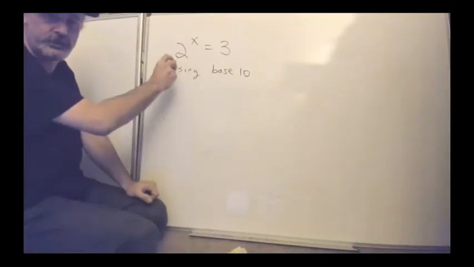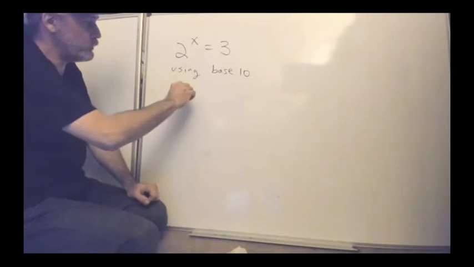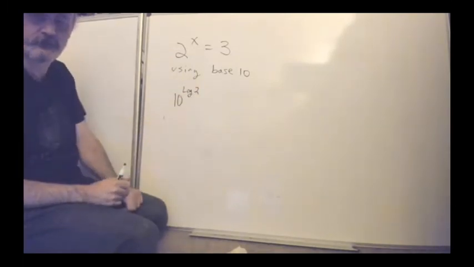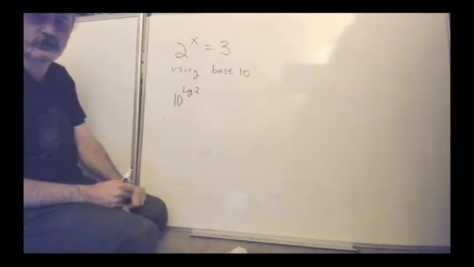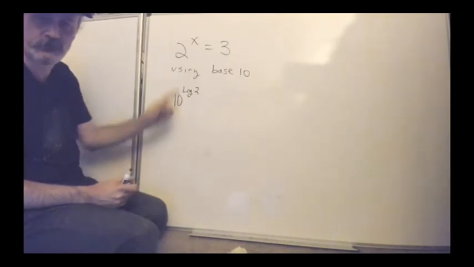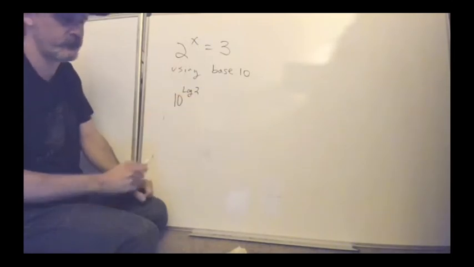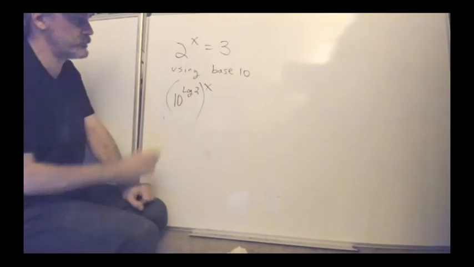Well, if I want to change 2 to base 10, I need the log of 2. That'll be the exponent to base 10 that equals 2. That's what a log is. It's the exponent you need to the base to equal the value. We want to equal 2. The log of 2 will get us the exponent to base 10. All right, so now we know that is 2, so that's x.